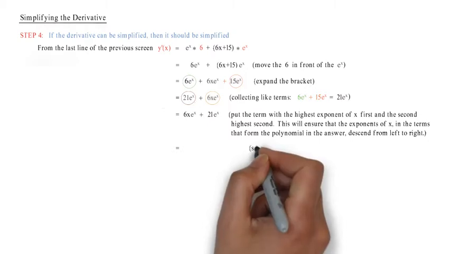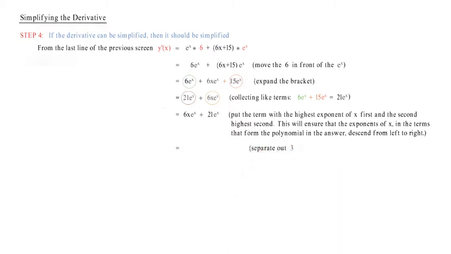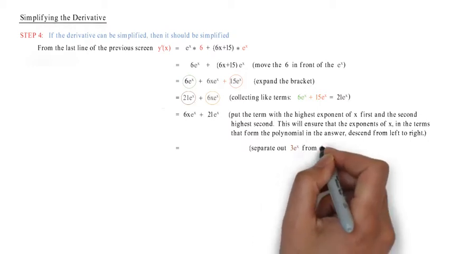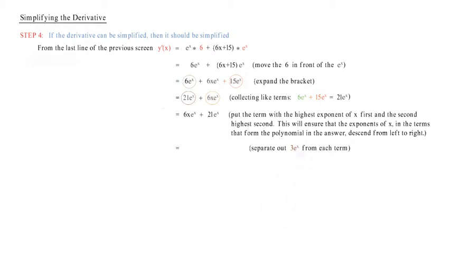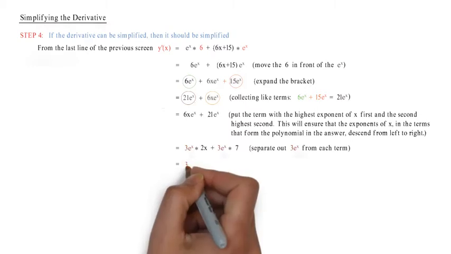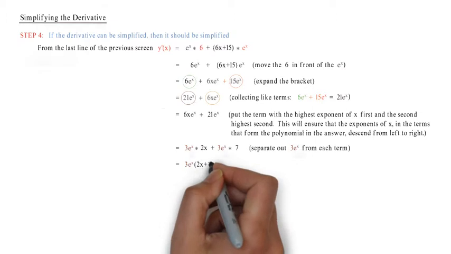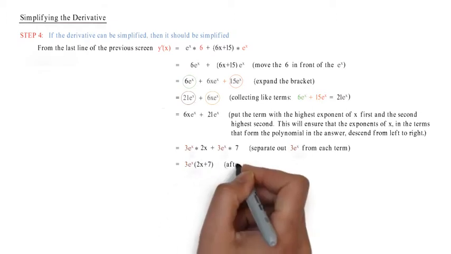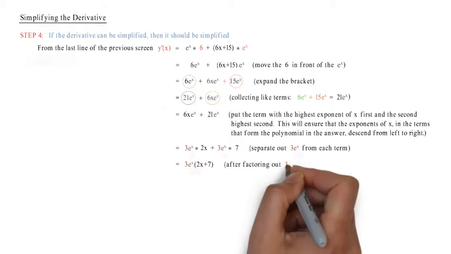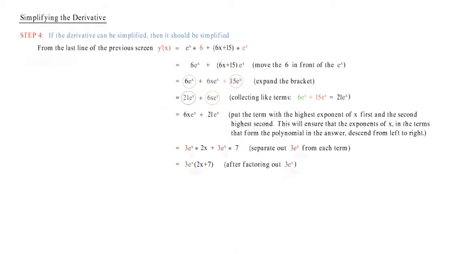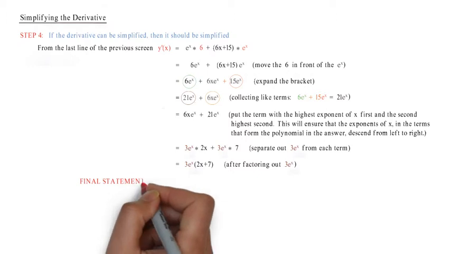Equals, separate out 3 e to the x from each term. 3 e to the x times 2x plus 3 e to the x times 7 equals 3 e to the x into 2x plus 7 after factoring out 3 e to the x. Final statement.